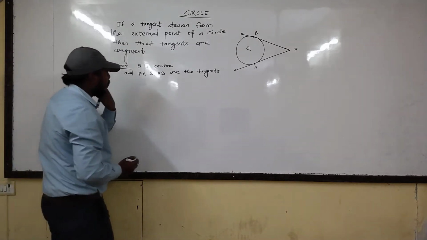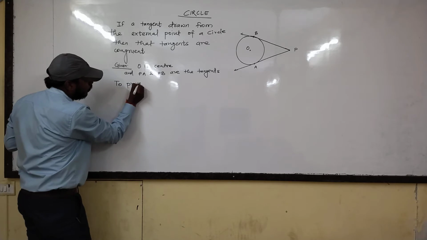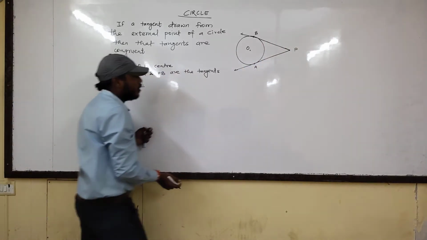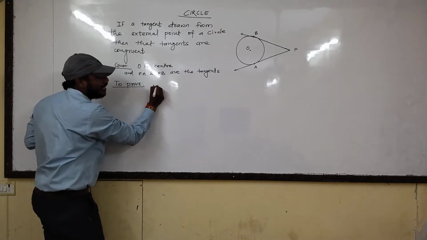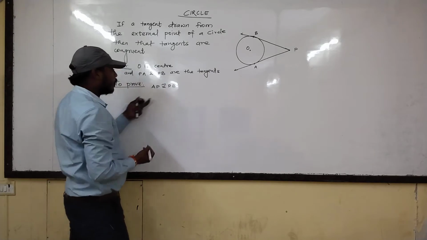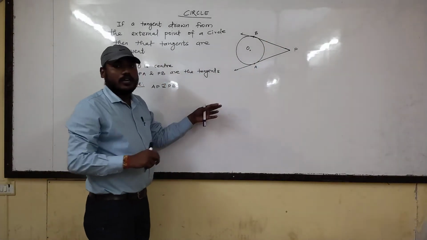Now we will go for the next statement, that is what to prove. We have to prove that the tangents AP and PB are equal. So very simple, we write AP is congruent to PB. We have to prove these two are congruent.